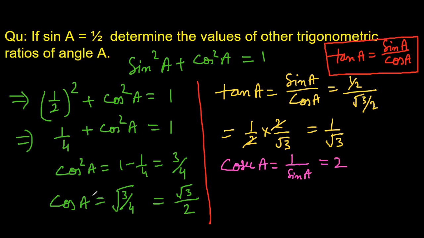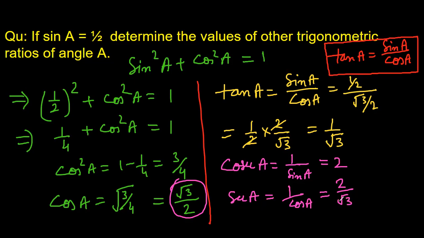Another trigonometric ratio is sec A, which is the reciprocal of cos, 1 over cos A, that should be the upside down of this value here. So your sec A value should be 2 by root 3.